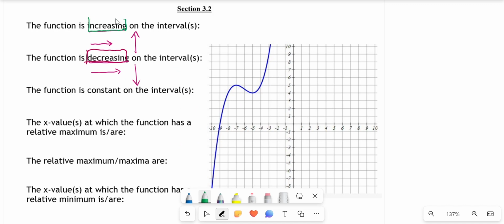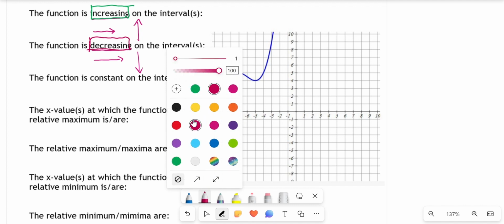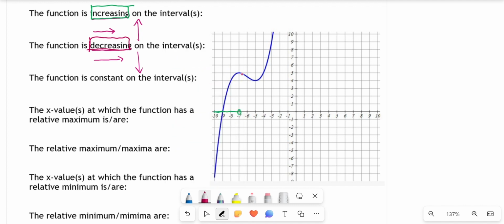So as I go along from the left side here, as far as I can see, and I go to the right, I'm traveling up to stay on the curve. And that's true all the way until -7, where it stops. It is neither increasing nor decreasing. At that point, it is turning, and it turns down and starts to go down as we go to the right.